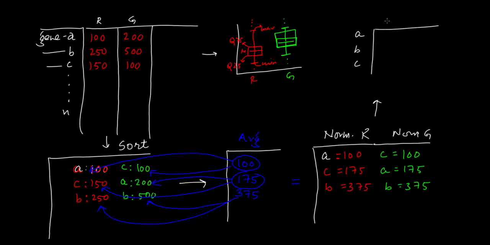The A gene in the red channel was having the expression 100, the B gene was having 375, C gene was 175, and likewise for the green channel, A gene was, I read from here, 175, B gene is 375, and C gene is 100. Now remember these 100s were written together, but this was the A gene, this is the C gene. So now 100 is here and 100 is here. So the order is not screwed up now. So now this is my normalized data.